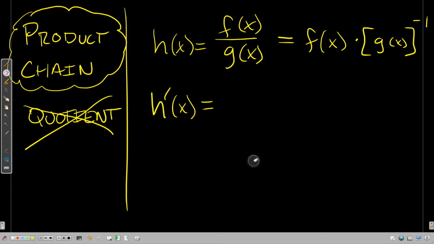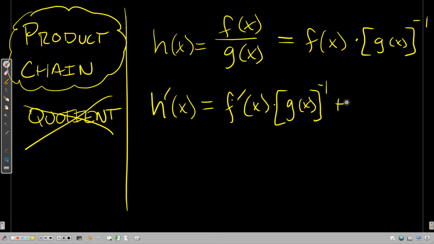All I need to know is the product rule. There's no sign to mess up on the product rule. You're not going to get that minus sign in the wrong spot. It's the derivative of the first times the second plus the derivative of the second times the first. Well, my minus 1 is going to come down, and then it would be times g prime to the minus 2.